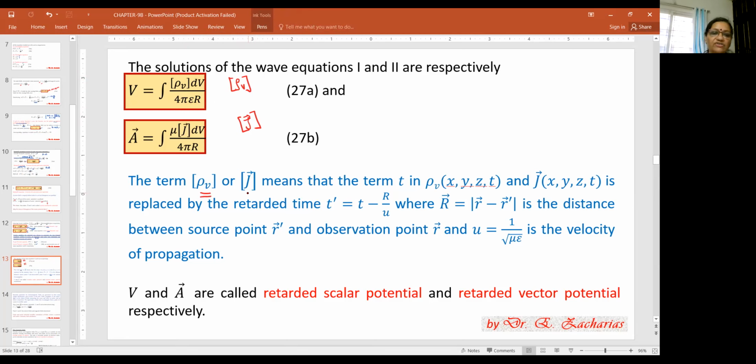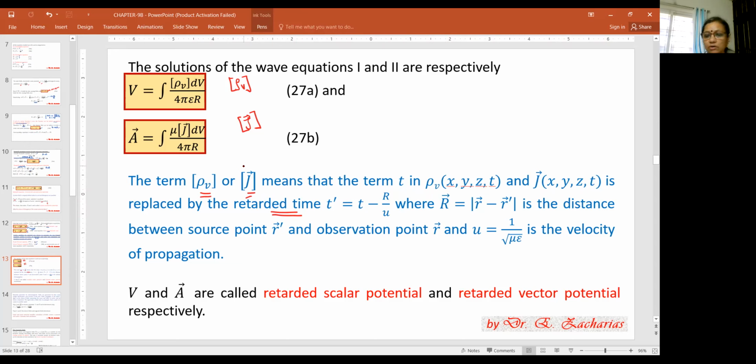This rho v and J in square brackets means that rho as a function of x, y, z, t and J as a function of x, y, z, t is replaced by what is called the retarded time t prime is equal to t minus R by u. Read this again. So these are retarded potentials.